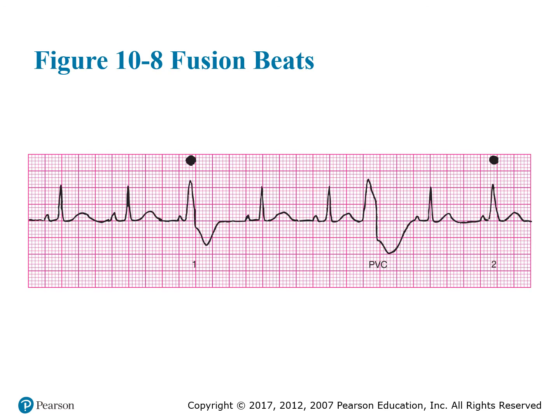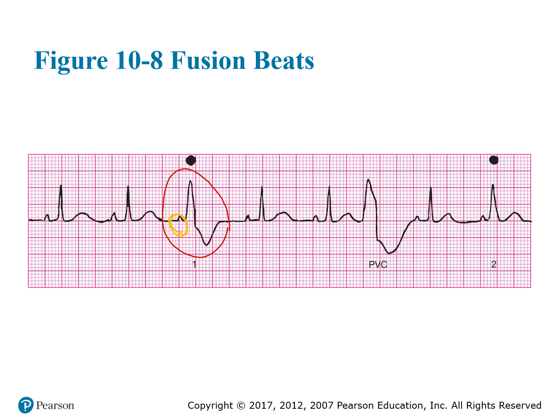Figure 10.8 is an example of a fusion beat. As you can see, we are trudging along in a sinus rhythm. If we look here, it kind of looks like a sinus rhythm because, I'll highlight it in a different color, let's go with yellow, look, we have a baby P right before our PVC. So in this first example of a PVC, it looks more like a sinus rhythm, but it's not. It's a fusion beat because that's a PVC.